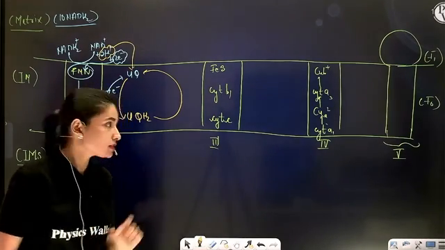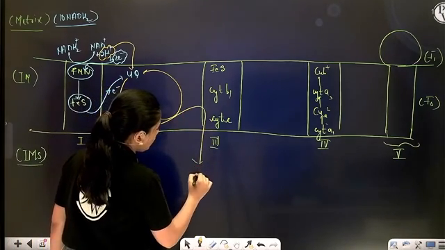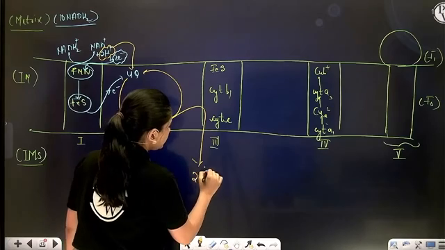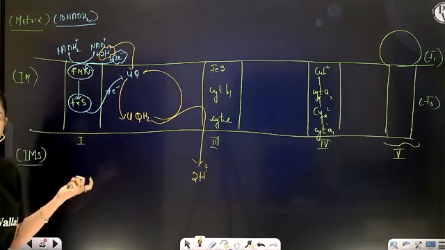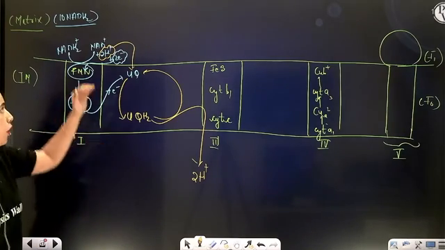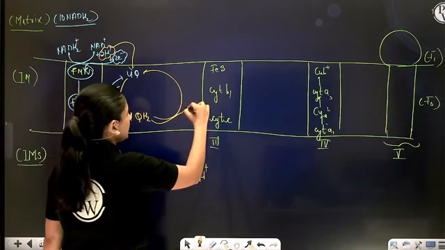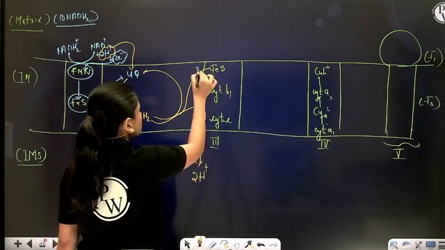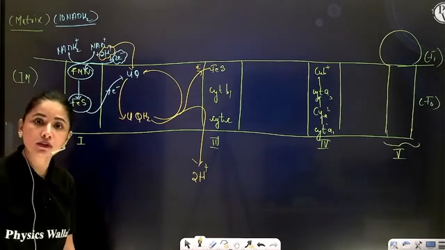So what this ubiquinone does, it passes those protons into the IMS. It acts like a proton channel and passes the protons of the matrix into the IMS, and the remaining electron to the first component of complex 3, that is iron sulfur.